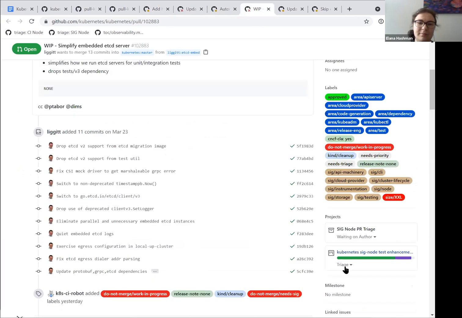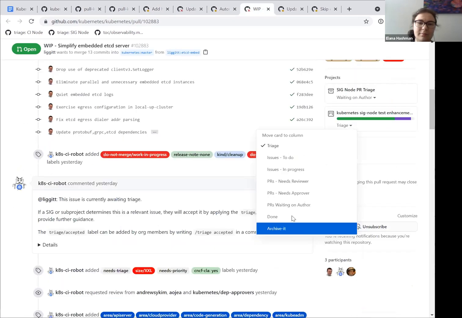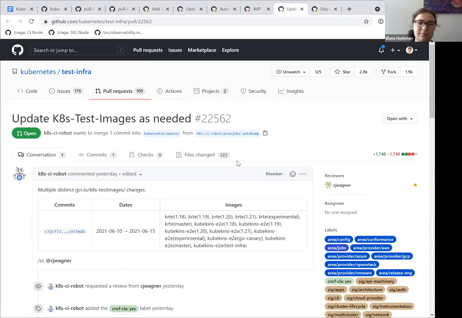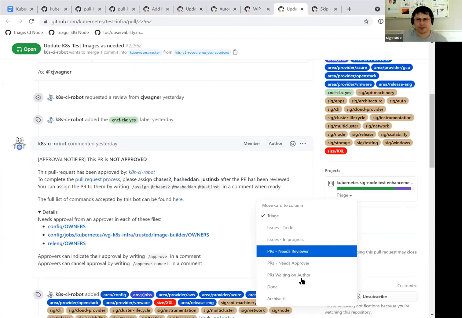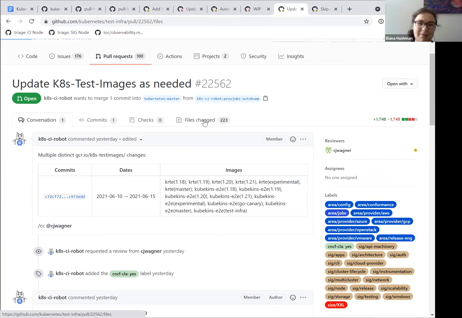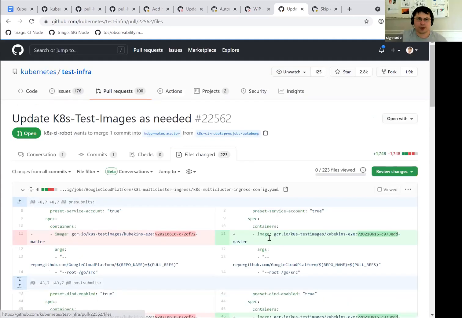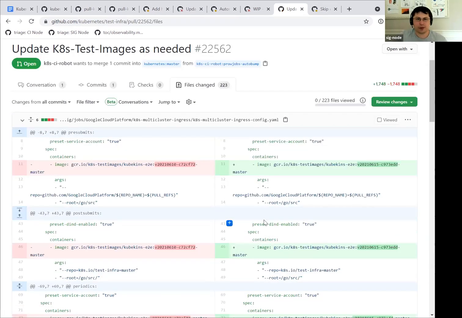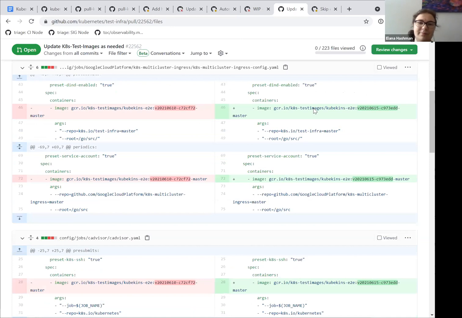Yeah. Branch test images needed. Yeah, it's not SIG Node. Does it involve any SIG Node images? It might, but typically it's not us approving it. It's just generic improvement across all the tests.